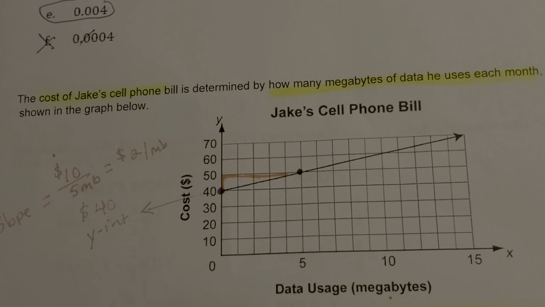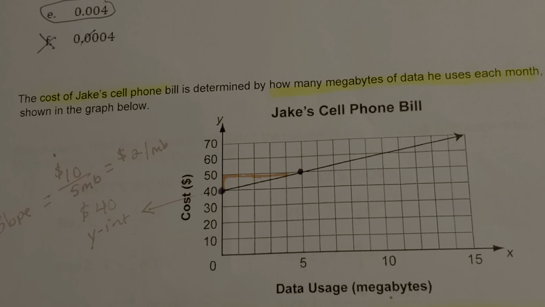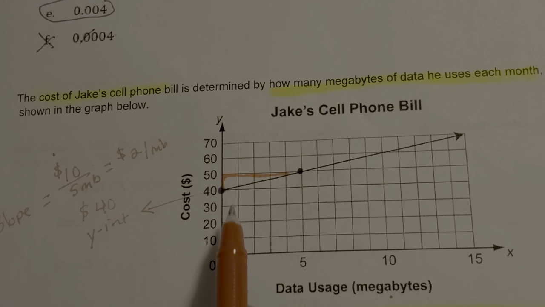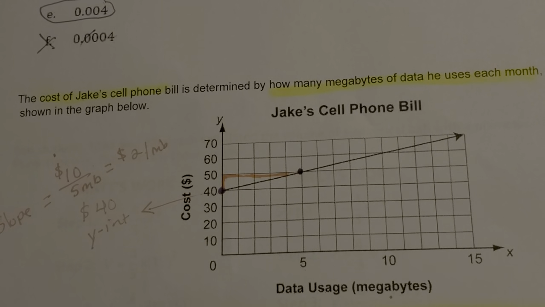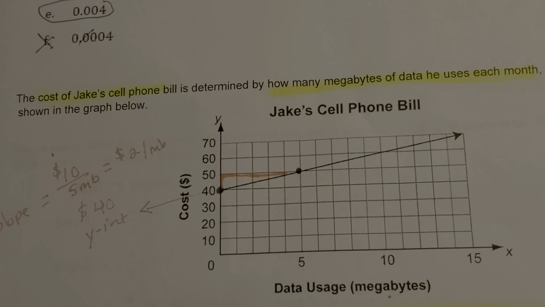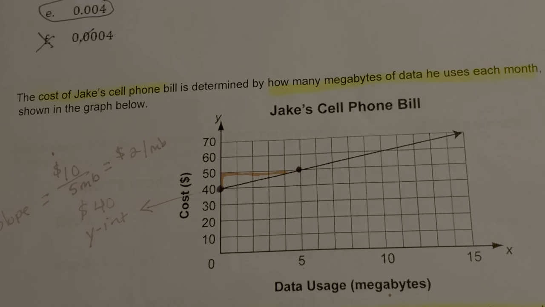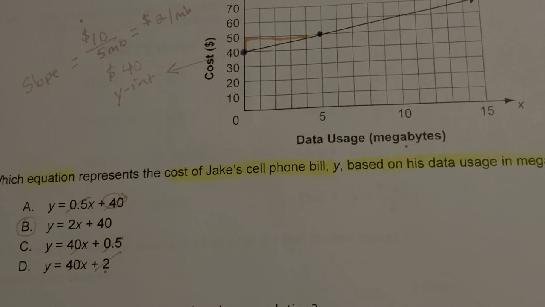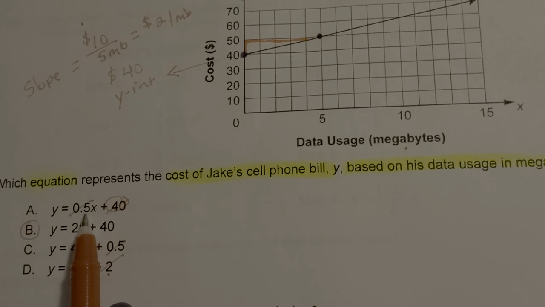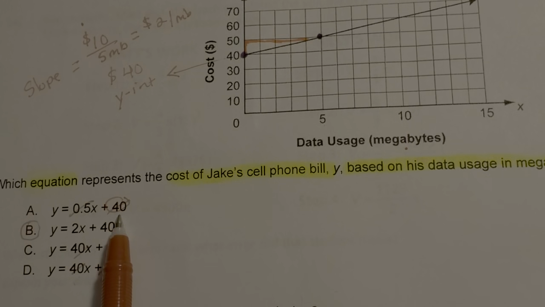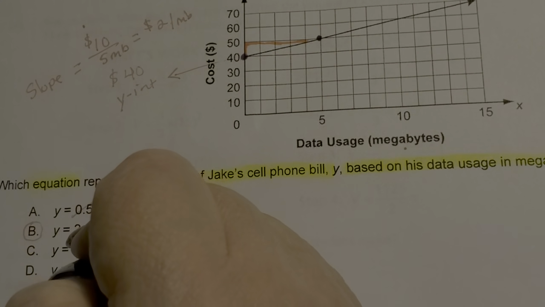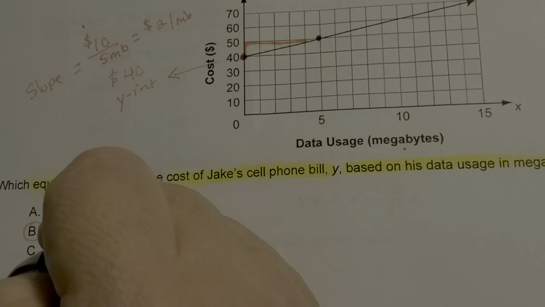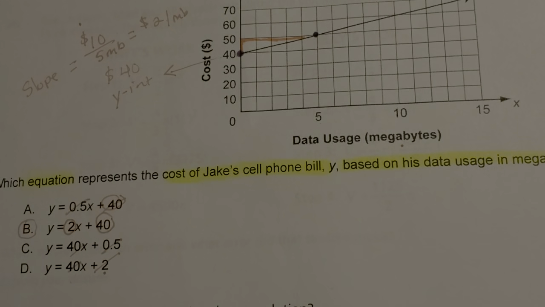And this has a slope of 40, not what we were looking for, and an intercept of 2. It definitely does not intercept at 2. So my equation is y equals 2x plus 40. Sorry, you couldn't see that. I looked for my slope and then my y-intercept. These both had the y-intercept, but the only one that had the slope was B.